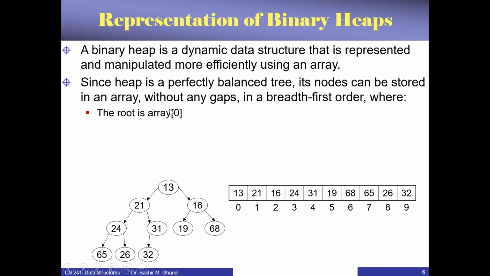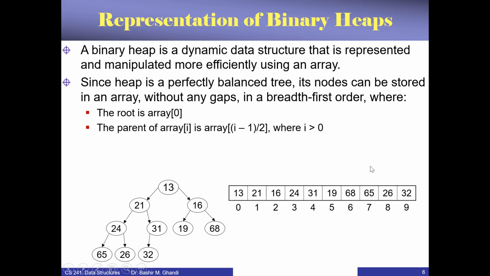Okay, the first point to note, if you are doing this representation where the root goes to index 0, then you can always get the root by simply accessing cell number 0. So this is the first formula. The root is always at index 0.